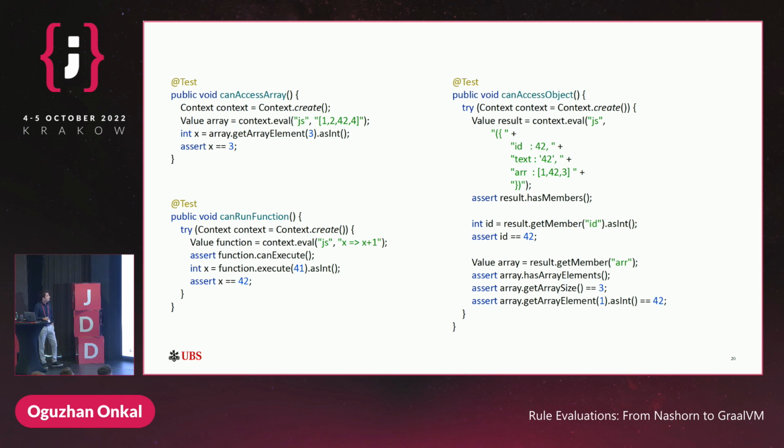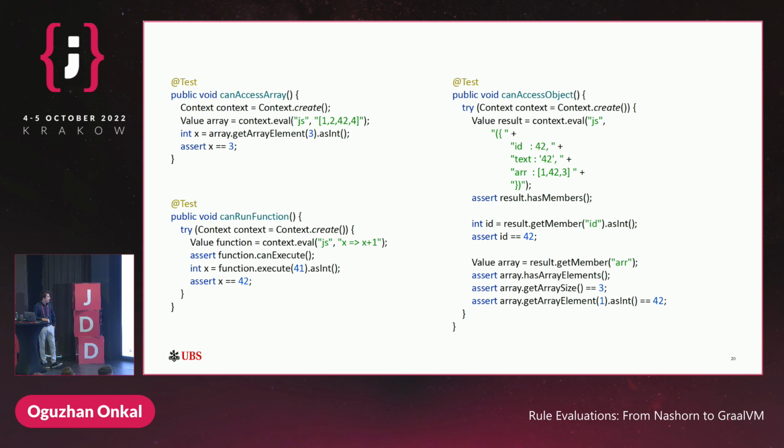And in the first example, we just pass a JavaScript array. So we pass it to eval, we get the value, and then by using the array methods, we can access all the elements. Well, this one will fail because it's not actually 3, the third index, right?